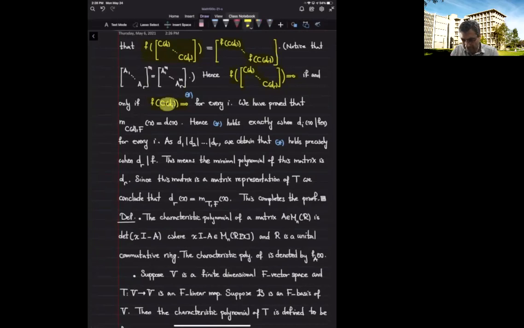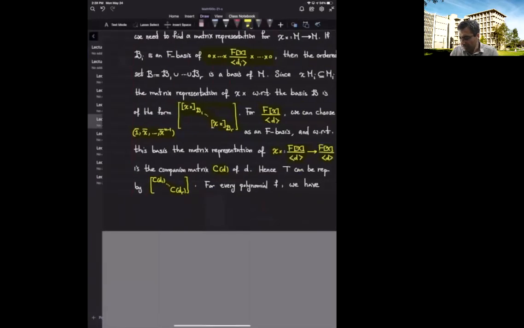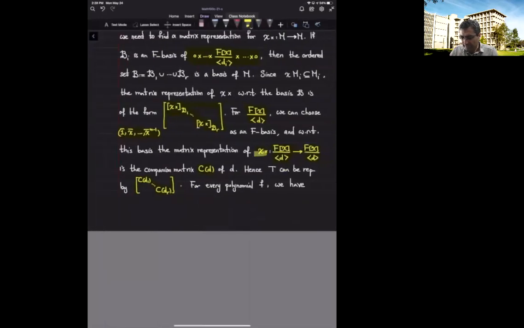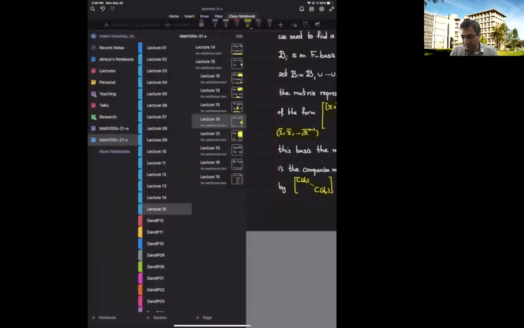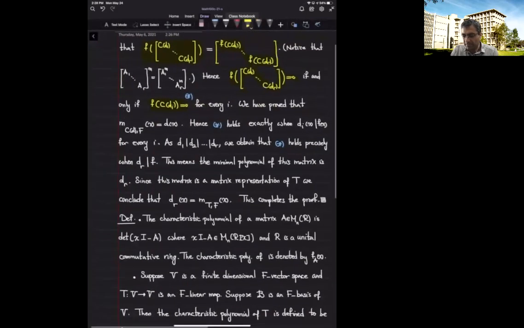And these companion matrices are matrix representations of multiplication by x in this ring. And we discussed that the minimal polynomial of this is just d, the polynomial d. That means that the minimal polynomial of the companion matrix of d sub i is d sub i. Knowing that f is supposed to be 0 after evaluating at this matrix, we deduce that d sub i should divide f.